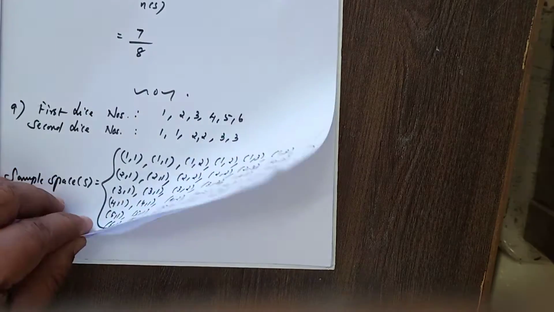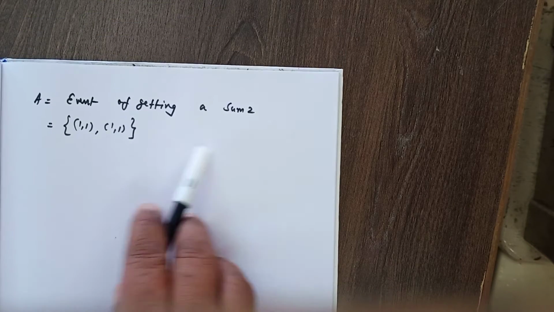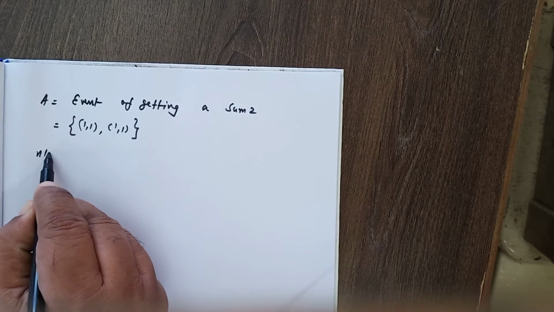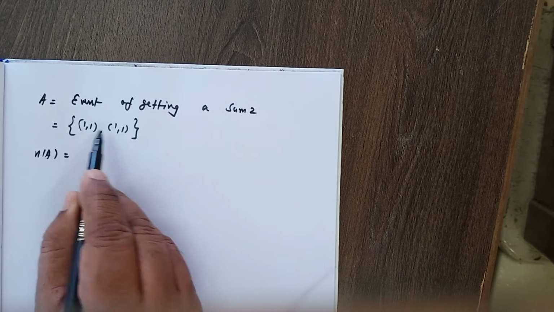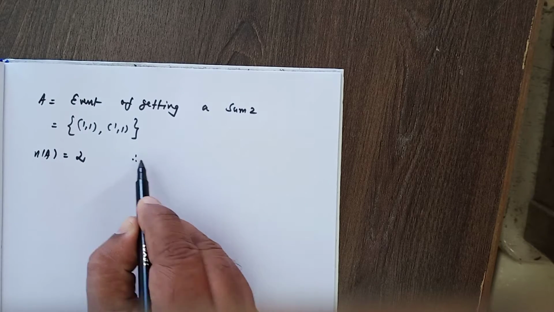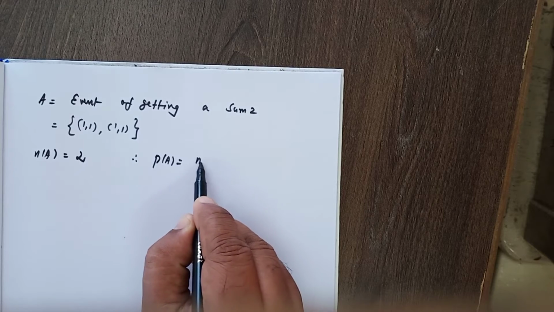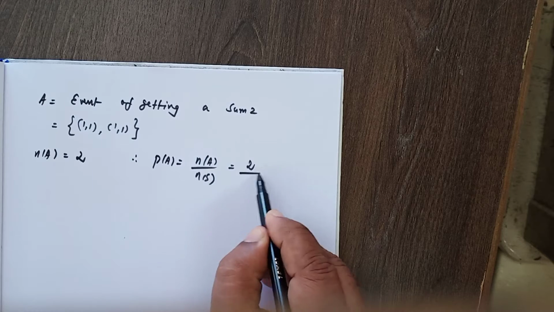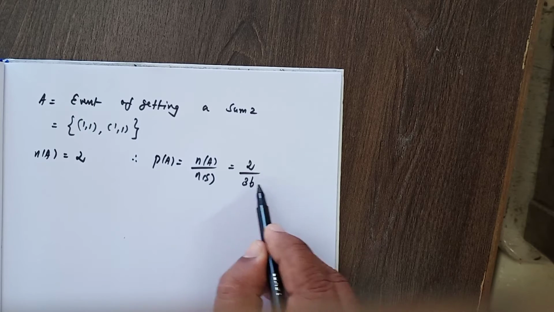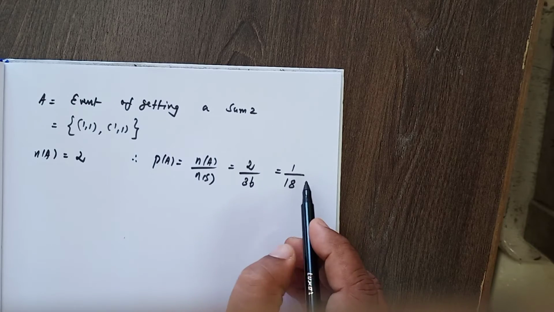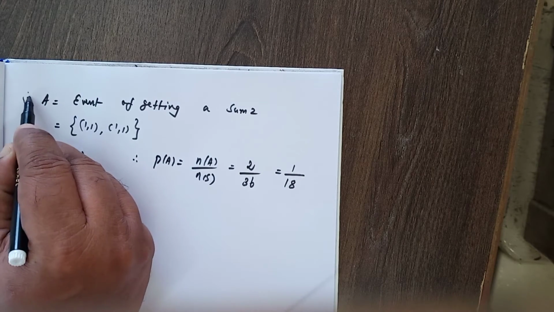So n of A equals 2 elements. Therefore P of A equals n of A divided by n of S, which is 2 by 36. If we simplify, we get 1 by 18. 2 table 1 time and 18 times. Let it be subdivision number 1.